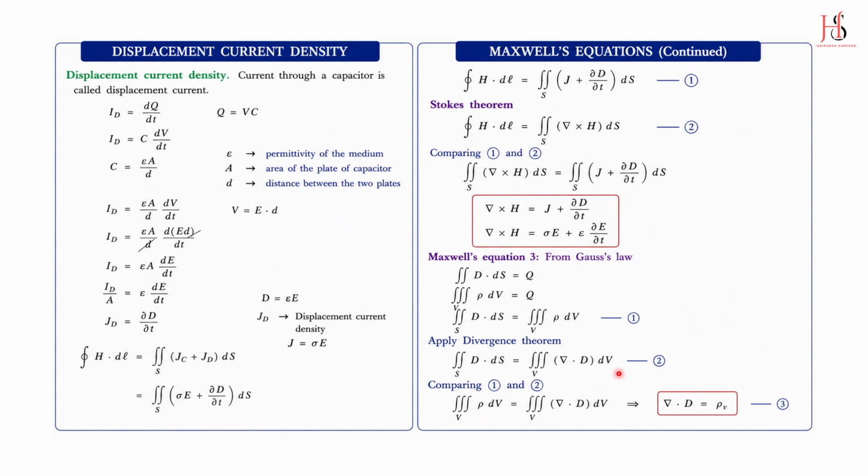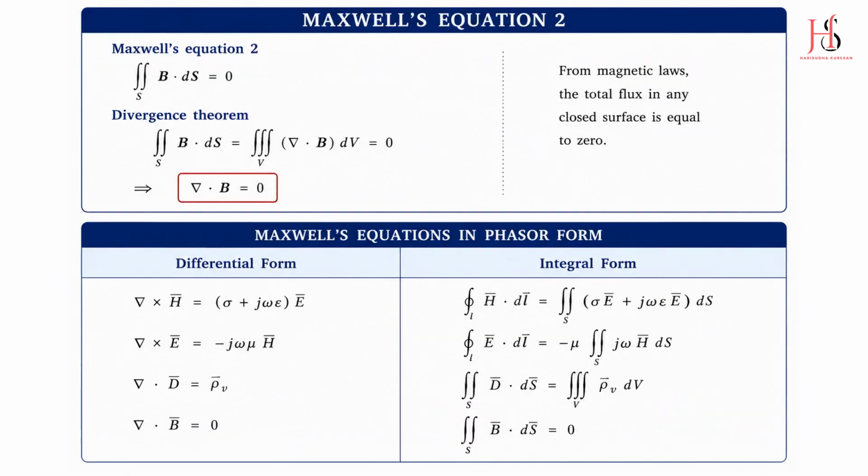Now substitute this in the left hand side, so both sides are volume integrals. Therefore, the volume integral of rho dv is equal to the volume integral of del dot D into dv. Now both sides are volume integrals with dv, so we can eliminate those terms and get rho is equal to del dot D. So this is your Maxwell's third equation.